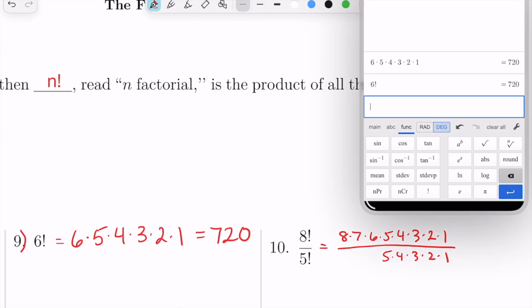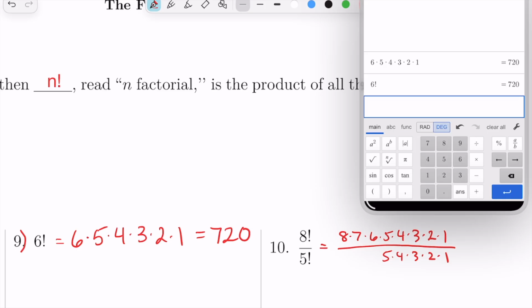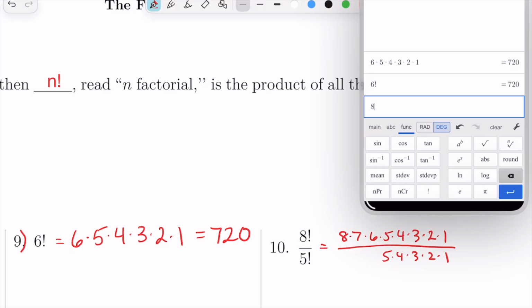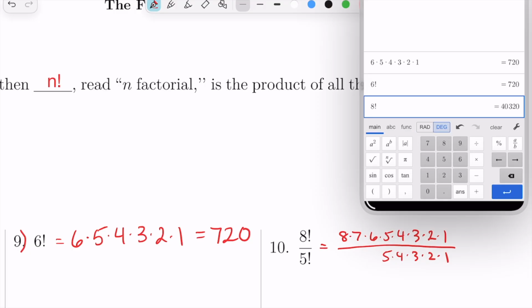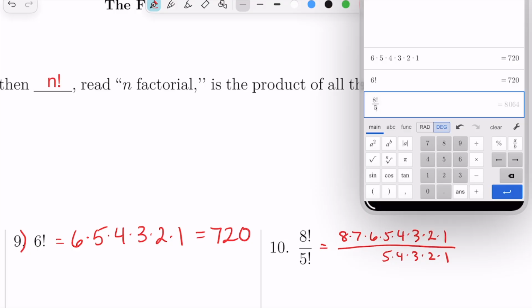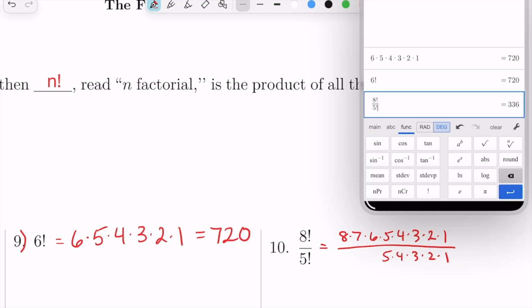But our calculator is pretty smart, especially if you're using Desmos. Because I can do 8 factorial, and then I'm going to use the divided by button, and then I'll do 5 factorial. And this just tells me it's 336. My calculator looks almost identical to what I have written, 8 factorial divided by 5 factorial.